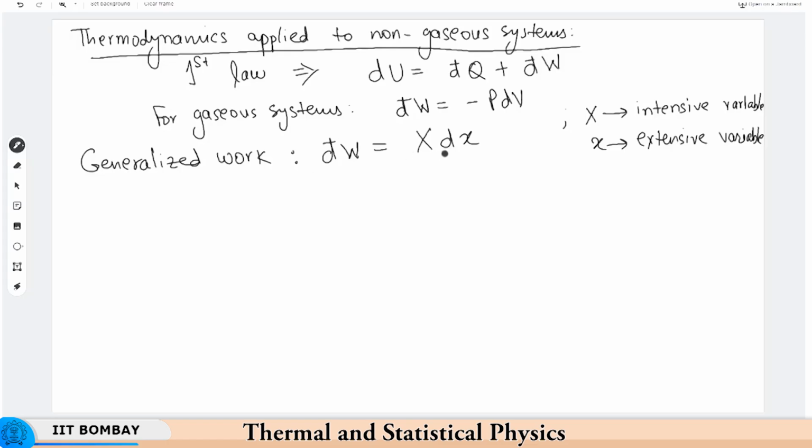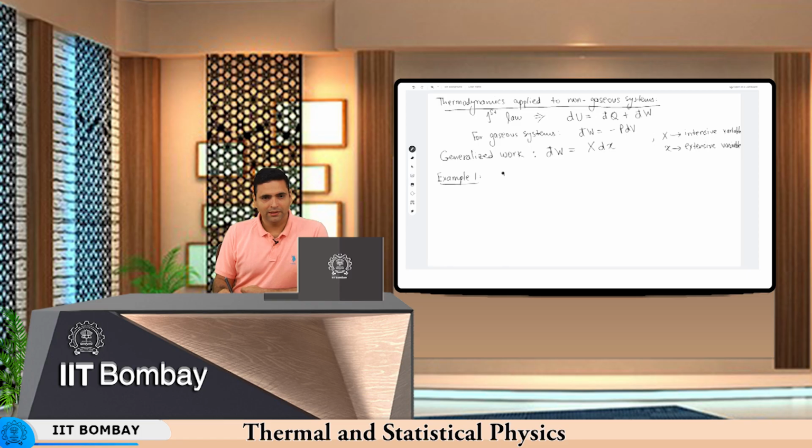So, keeping this picture in mind, let us move on to the first non-gaseous example. Example 1 is a solid rod. Let us see how we can understand the thermodynamics of a solid rod.